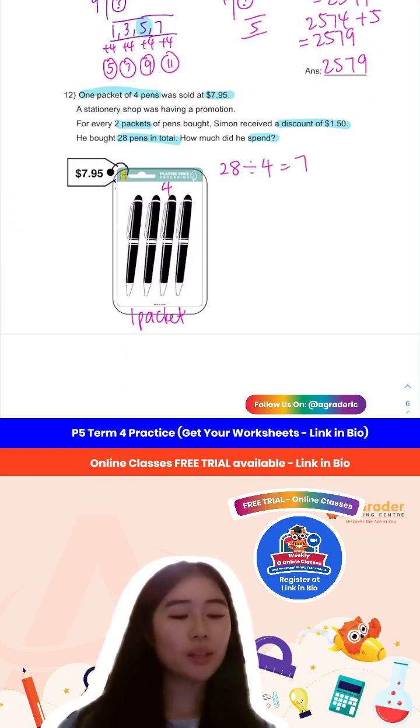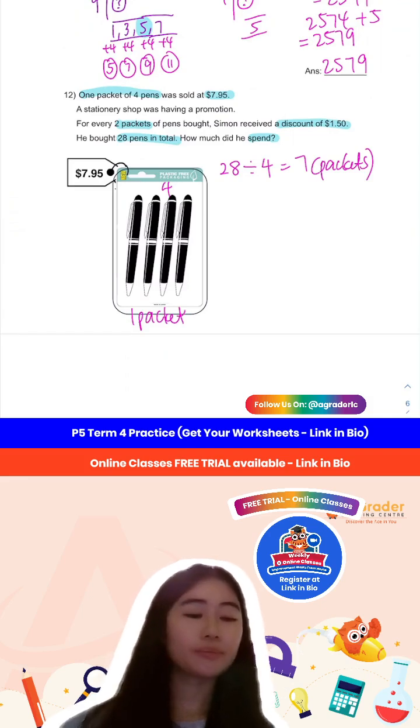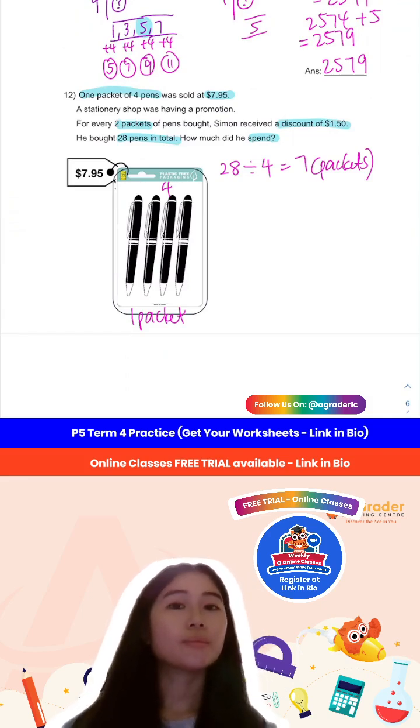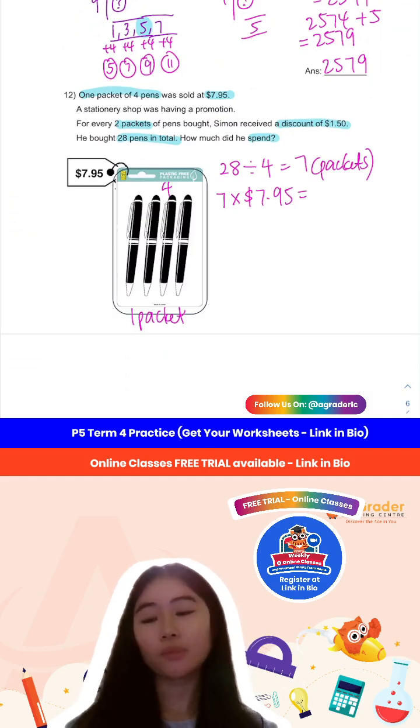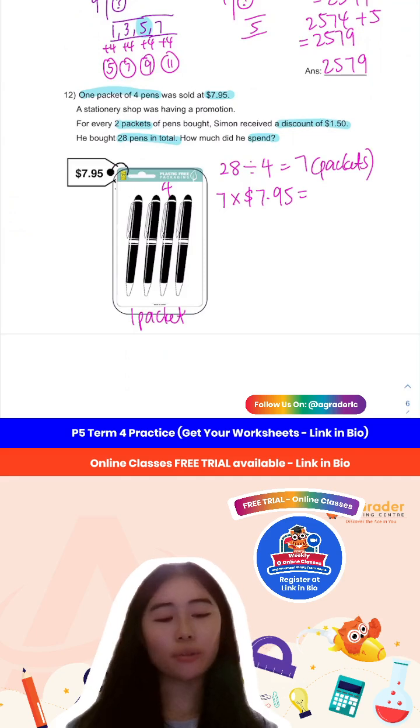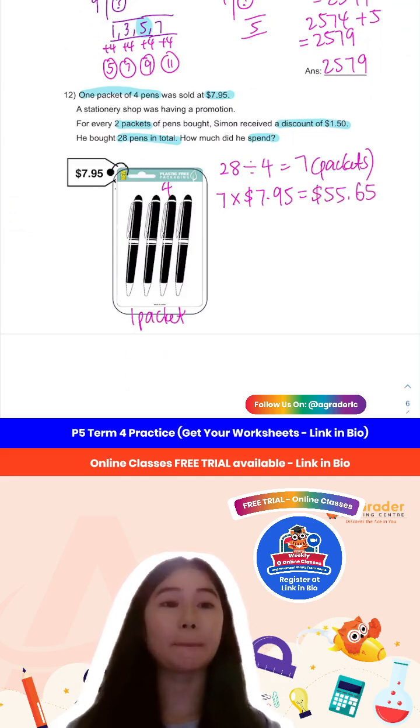So this means that he actually bought 7 packets. So we can find the cost of 7 packets first. That will be 7 times 7.95. You can use a calculator for this. You should have gotten $55.65.